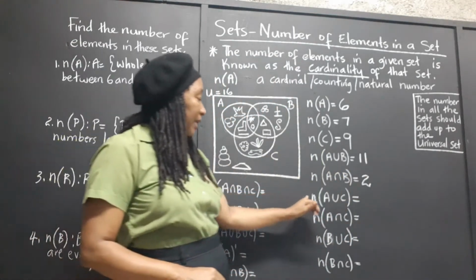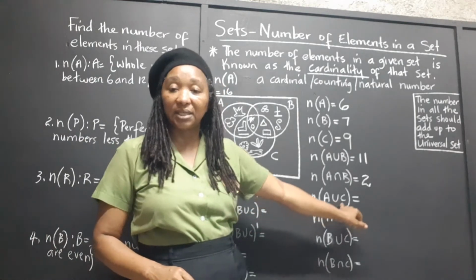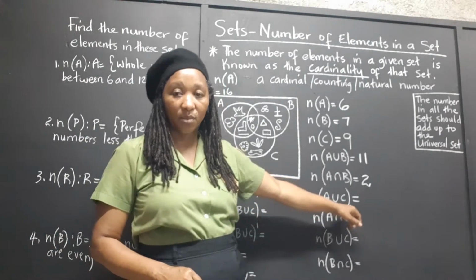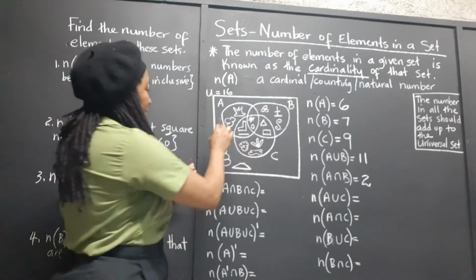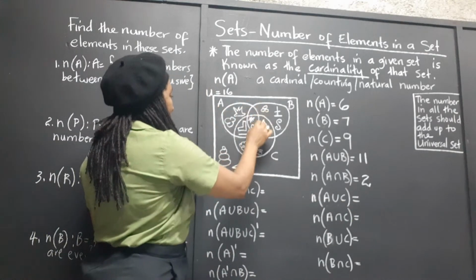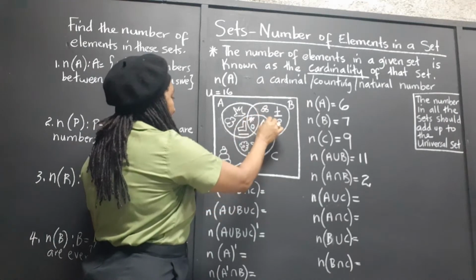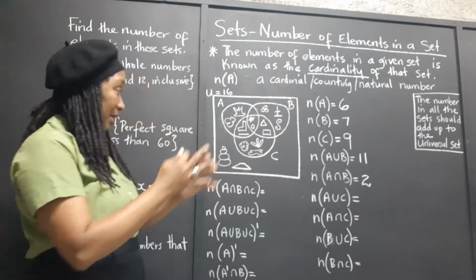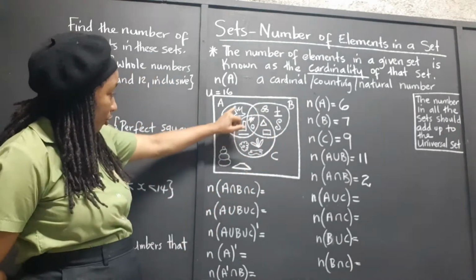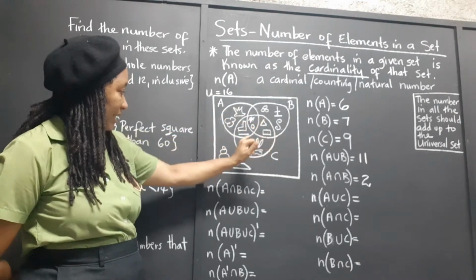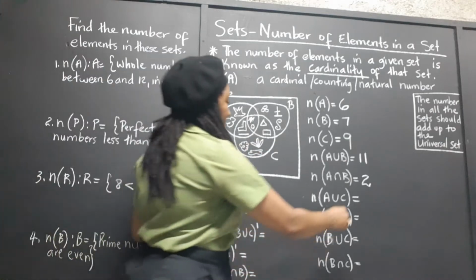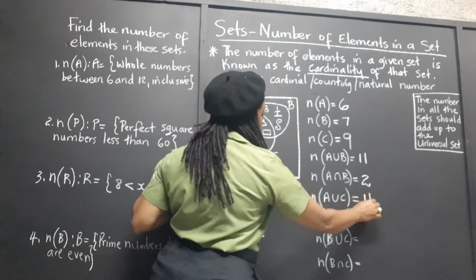The number in A union C. So this is A and this is C. So their union together, 1, 2, 3, 4, 5, 6, 7, 8, 9, 10, also 11.